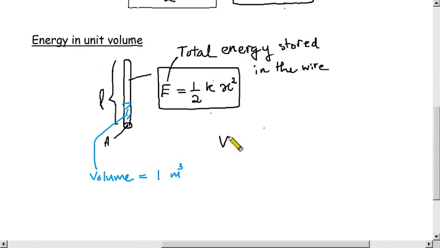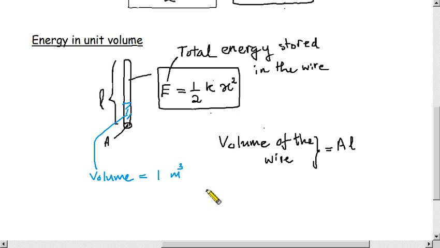So the volume of the wire equals the equation we use to find the volume of a cylinder: cross-sectional area times length. So A times L is the volume.